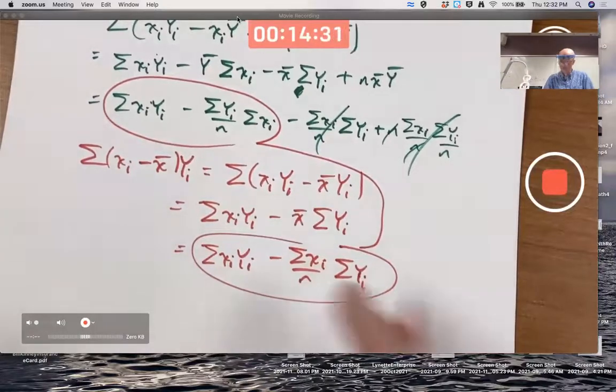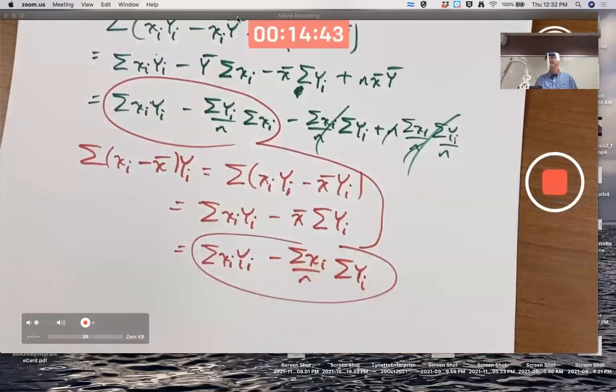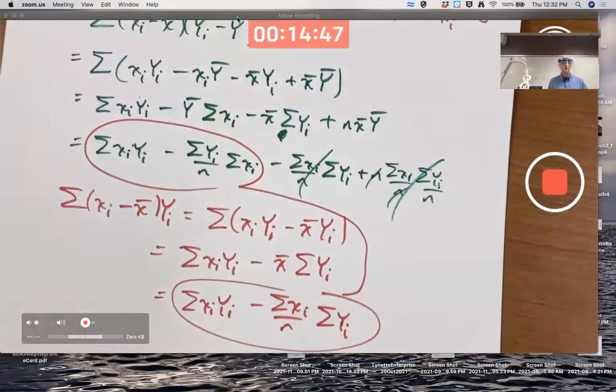Just switching where we're dividing by n, but you can put the divide by n in either spot. It's the same as multiplying by 1 over n, and multiplication is commutative. So it's a little tricky, but if you're careful in how you think about it, that's how to do it.